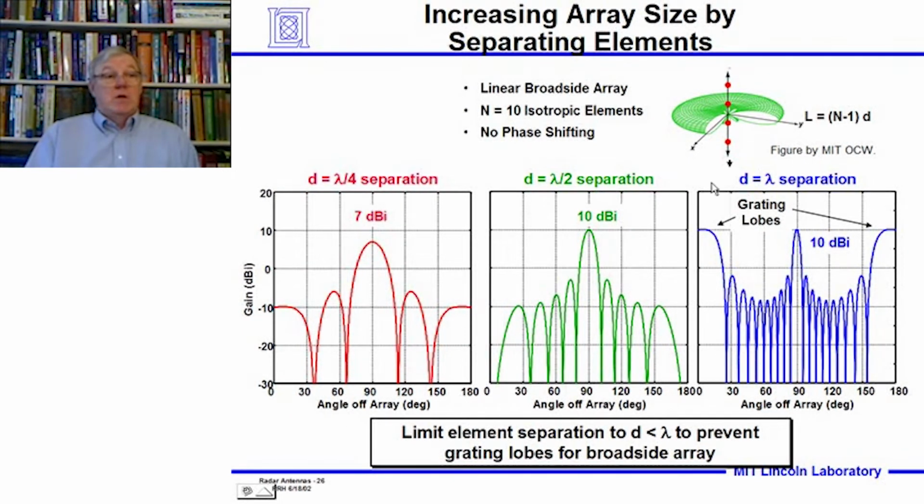In this case we're looking broadside, but we'll receive energy out at 0 degrees and 180 degrees from it. So we'll receive energy with equal sensitivity here and here with separation of lambda. We don't want grating lobes. Grating lobes are a no-no. So for a broadside array, limiting element separation to less than lambda will prevent grating lobes.